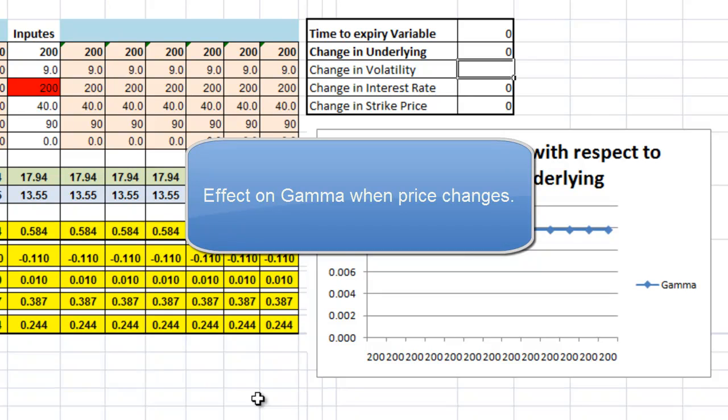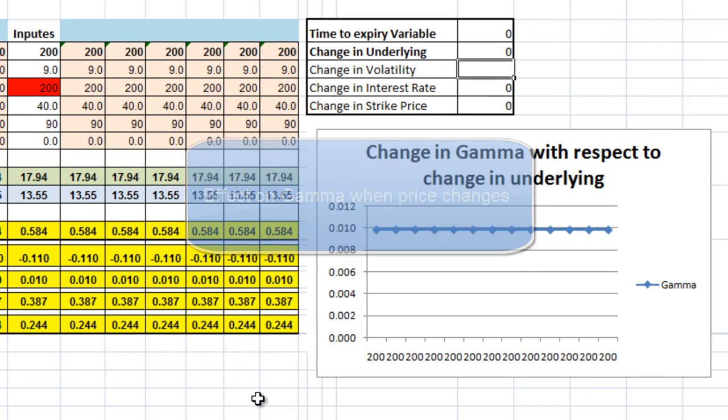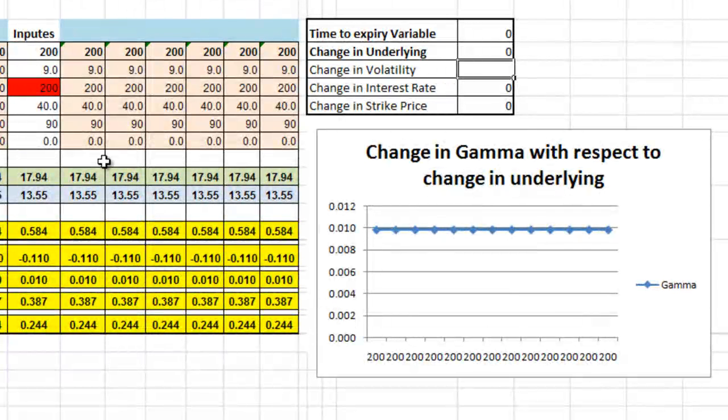Now, understanding gamma with respect to change in underlying. All the variables remain the same, and we simply change the prices, and we'll see how the gamma reacts to the change in price. So I'm changing the underlying price.